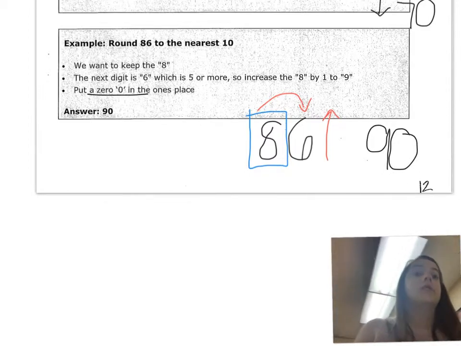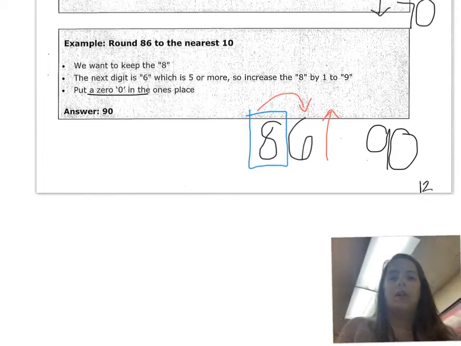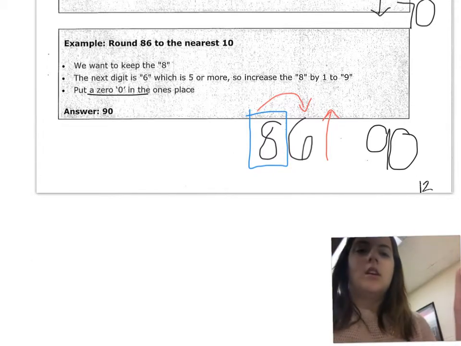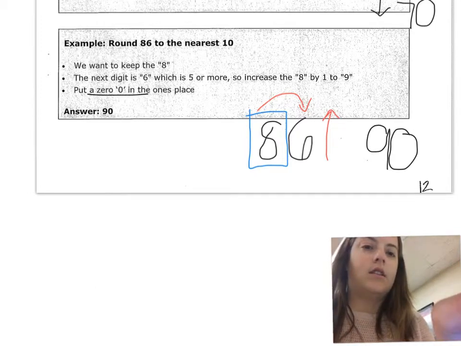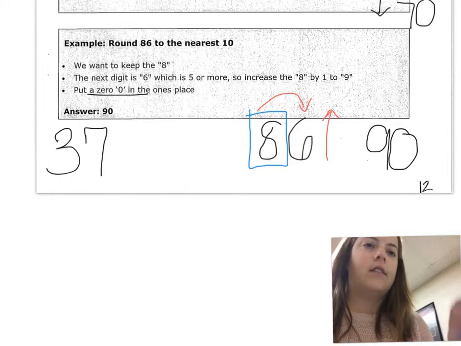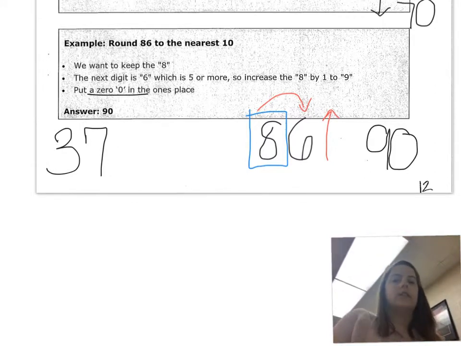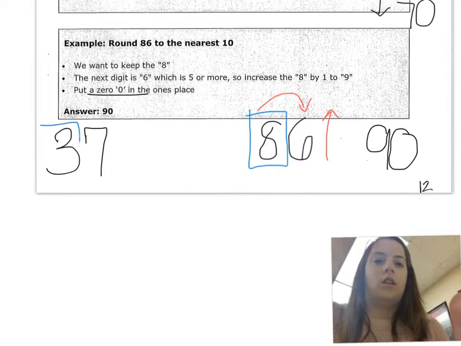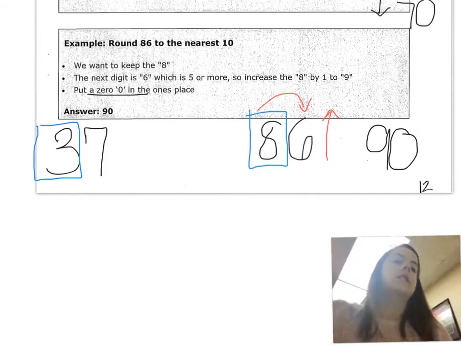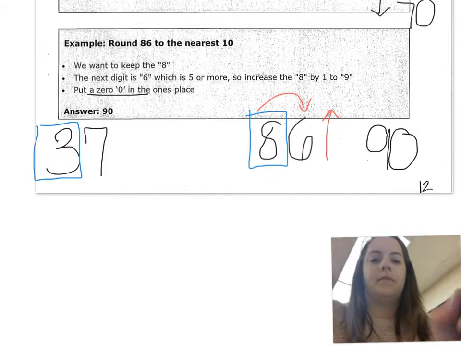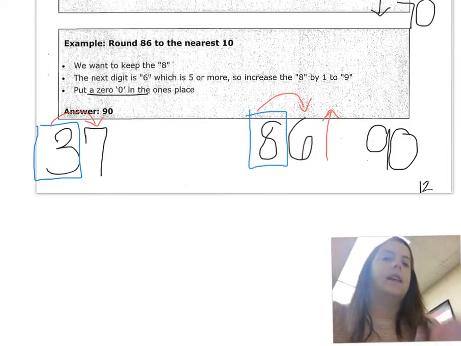So this is really, really tricky. So what I'm going to do here, and I would encourage you to do it down here with me, is show you another problem. The problem I'm going to give you is 37. I'm going to round 37 to the nearest 10, so remember I'm going to keep my 3, because that's in my 10 spot. I'm going to look to the 7.